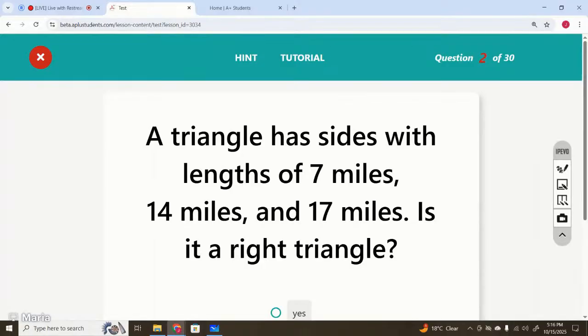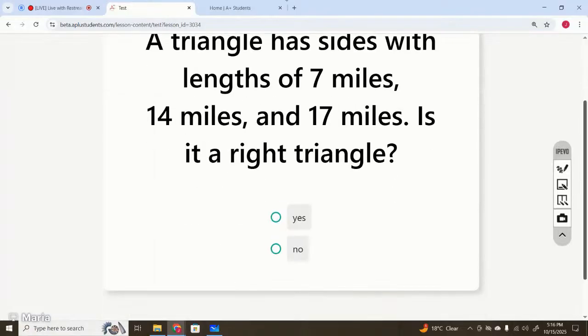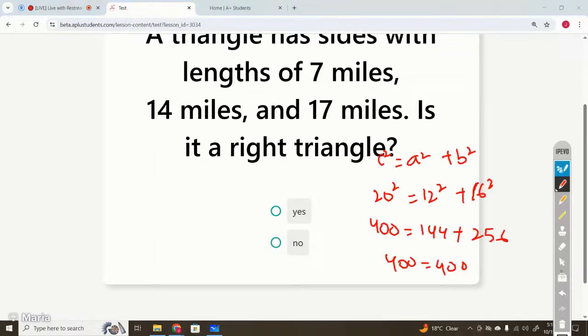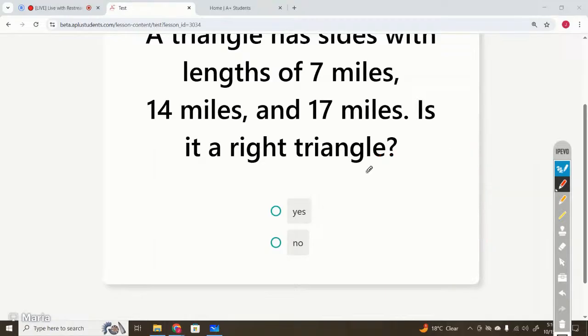A triangle has sides with lengths of 7 miles, 14 miles, and 17 miles. Is it a right triangle? That is 17 squared equals 14 squared plus 7 squared.